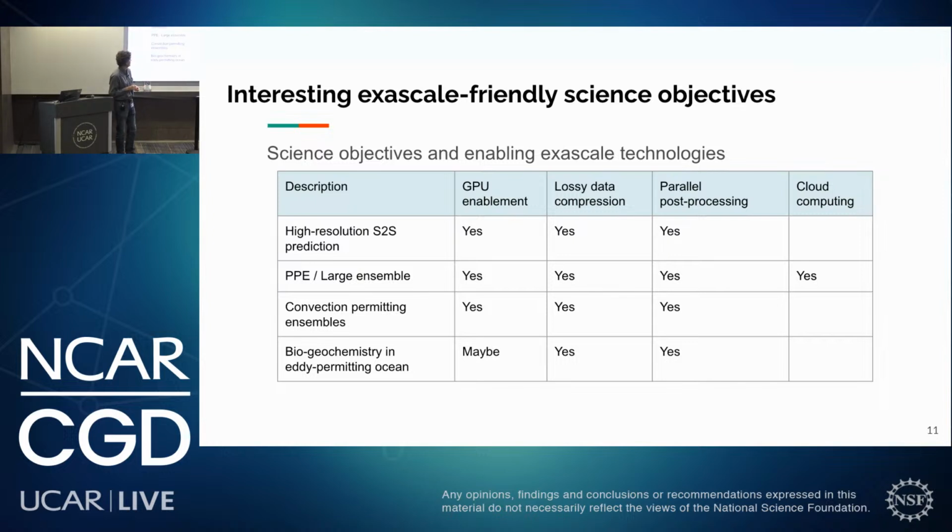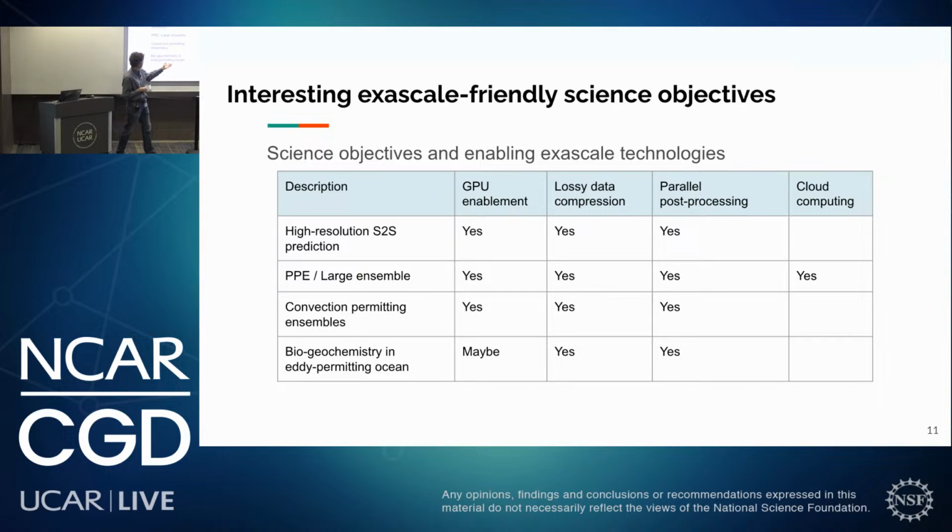Other large ensemble projects, like the perturbed parameter experiments, large ensembles, could all benefit as well from exascale technologies. Convection permitting ensembles and biogeochemistry and eddy permitting oceans are kind of on the far end of interesting.